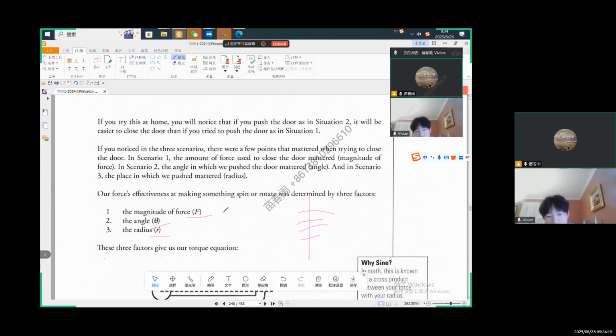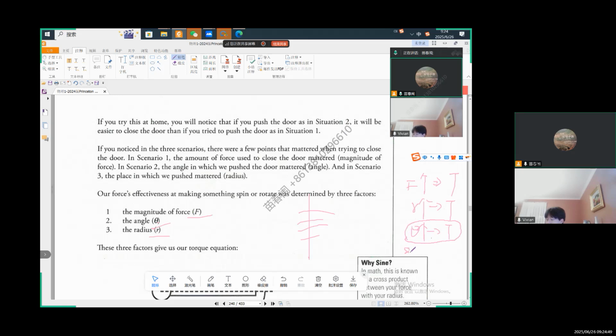The more force, you can imagine, the more torque, right? And more radius is more torque. Say more theta, also more torque. Well, eventually it's not exactly more; this one is not exactly true.